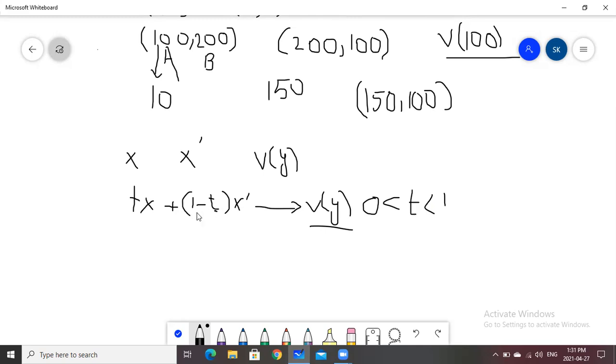If this is the requirement, then the production set V(y) is a convex set. That is, our convex set would be like this.